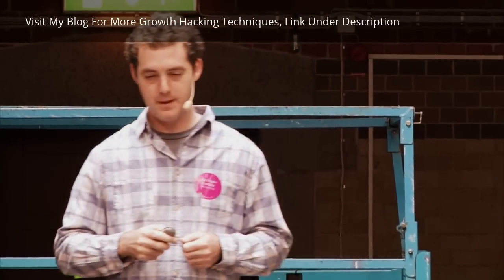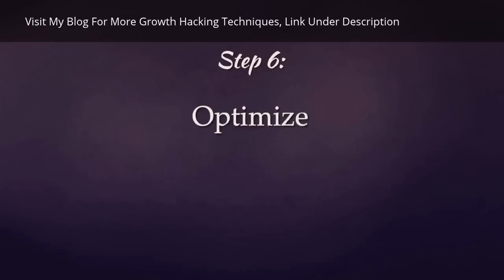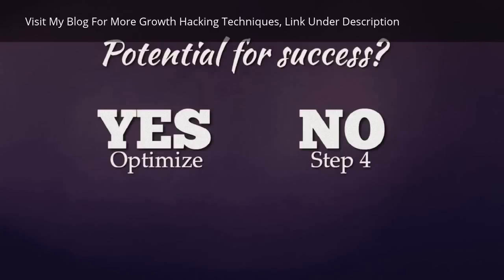So last step, optimize. Okay? The question to ask after you run your advertising experiment is, do my ads have potential for success? And what does that actually mean? That means you have a cost per acquisition goal in mind, a target goal. Let's say it's 20 kronas.